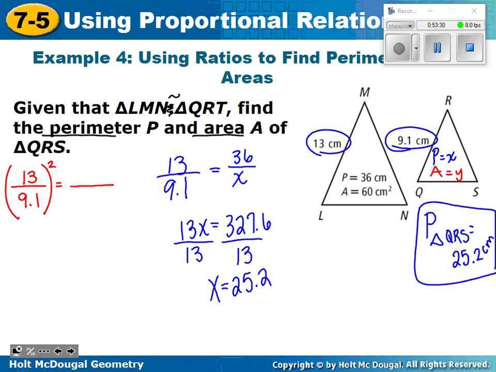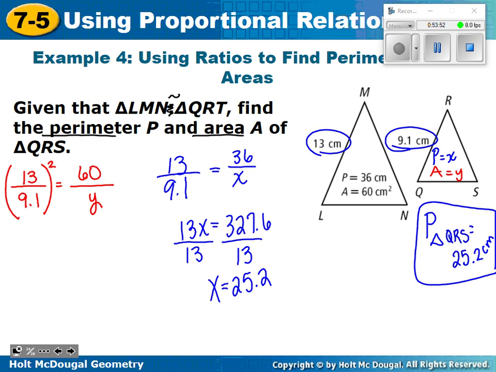Nope, area? 60 over y. Nope, the only thing you square are the sides. The ratio of the sides gets squared, and those are equal to the ratio of the areas. Or it could be the perimeters. We could have done the perimeters, perimeter to perimeter squared, because those are the same.